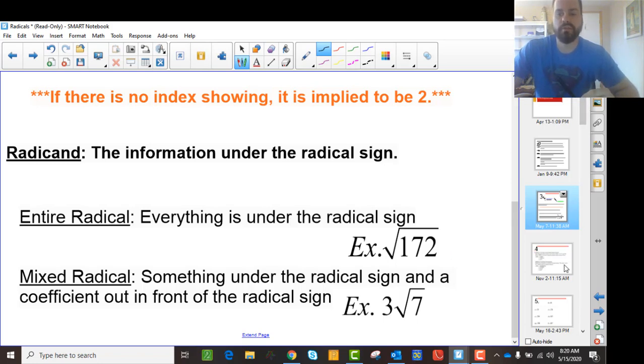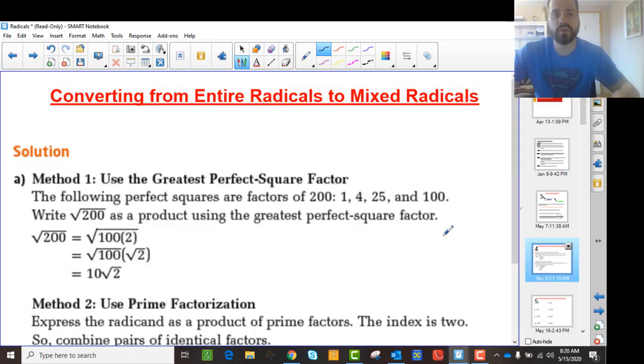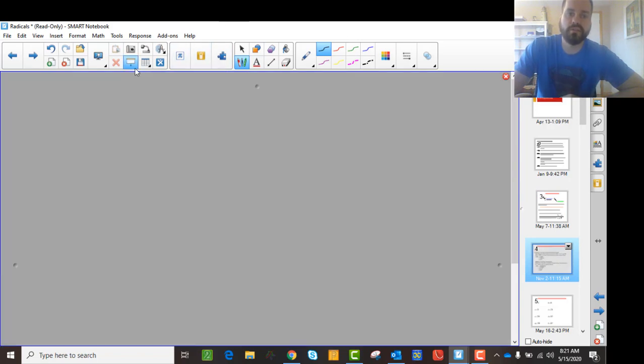So what we want to be able to do is discuss how do I convert from one to the other. And essentially what we're doing with an entire radical going to a mixed radical, which is what we're going to discuss first, is we're trying to simplify. Okay, that's what we're trying to do. So when you look at converting entire radicals to mixed radicals, there are basically two ways to do that.